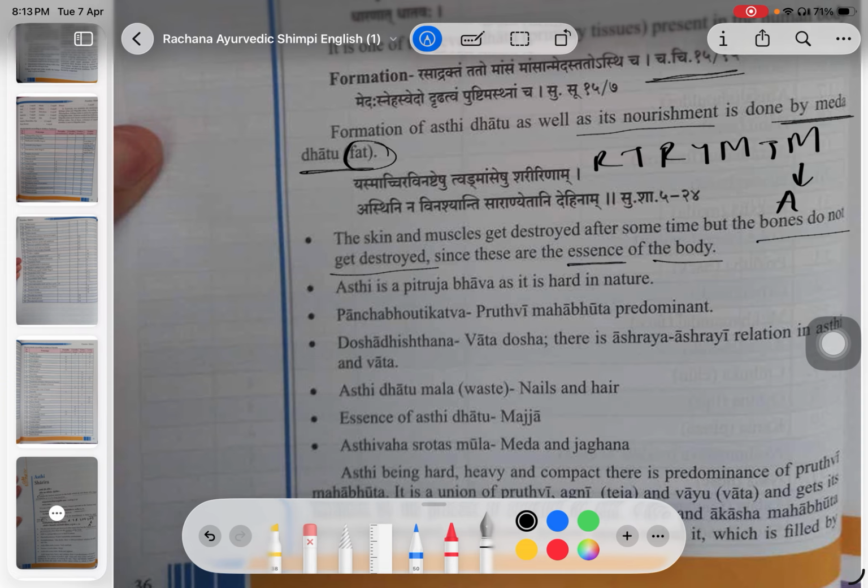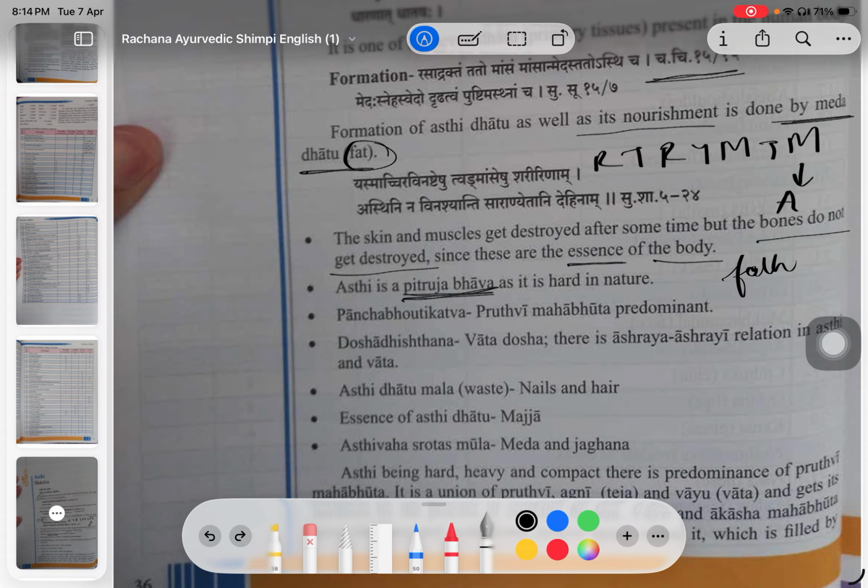Asthi is a Pitraj Bhav. Yes, whenever we study Garbh Shari or the formation of different dhatus of the embryo, of the fetus basically, then it is considered to be of Pitraj Bhav. We get our Asthi Dhatu from our father.